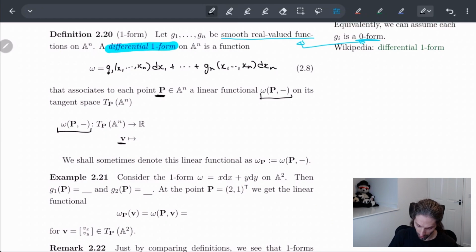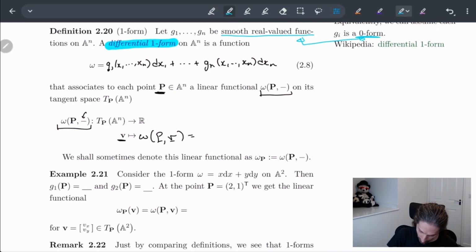Now here, if we put v, what this little dash is saying is that's where the v goes. So this is going to send us to omega p of v. The way we define this is we take this omega from above and apply our point p to it. So we have g1 of p dx1, but we also still need to associate the v.